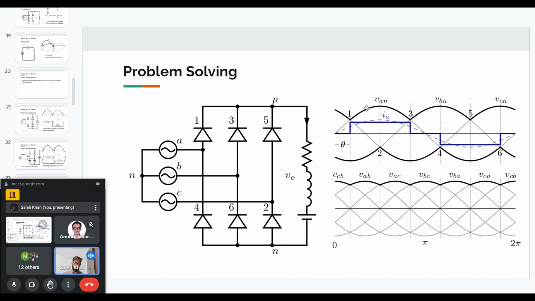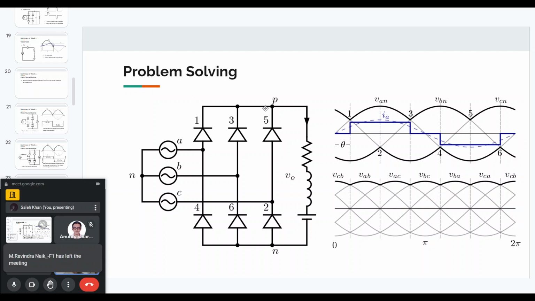So then you can see, for example, in this interval, when the VAN voltage is beyond 90 degrees, diode 1 and diode 2 are on. So in this 60-degree interval, diode 1 and 2 are on.